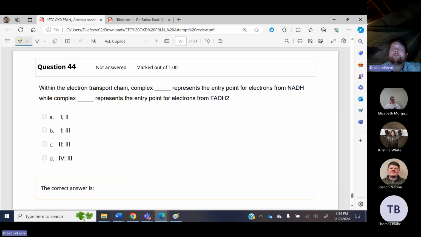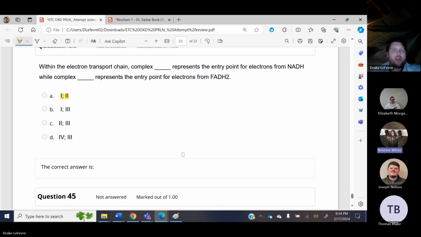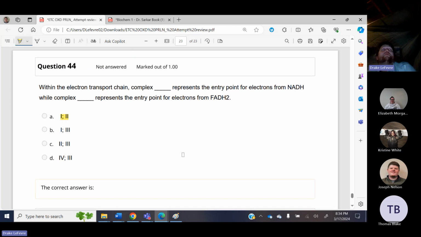Okay, almost there. Within the electron transport chain, complex blank represents the entry point for NADH, while complex blank represents the entry point for electrons of FADH2. Which complex allows for NADH? 1 and 2. Both complex 1 and 2 give their electrons to what?